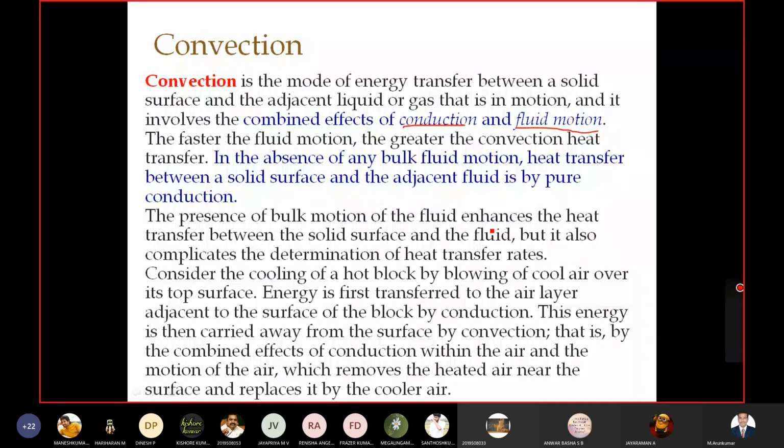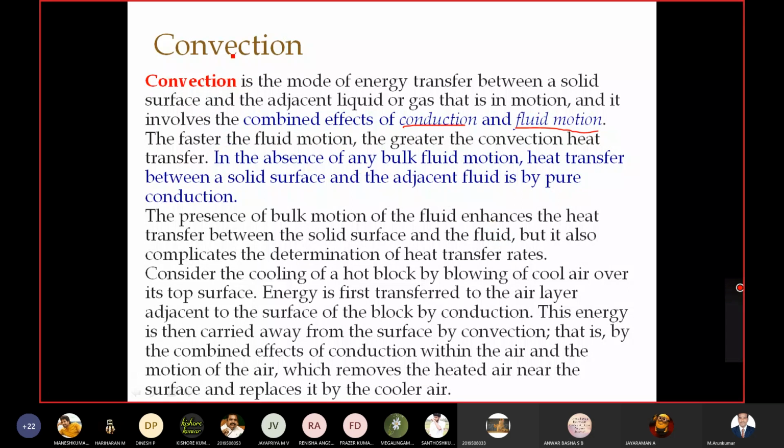First the conduction process will happen in the solid. Then this energy is carried away from the surface by convection, that is by the combined effect of conduction within the air and the motion of the air, which removes the heated air near the surface and replaces it with cooler air. So in this example of cooling a hot block by blowing cool air over the top surface, both the conduction and convection processes will happen.